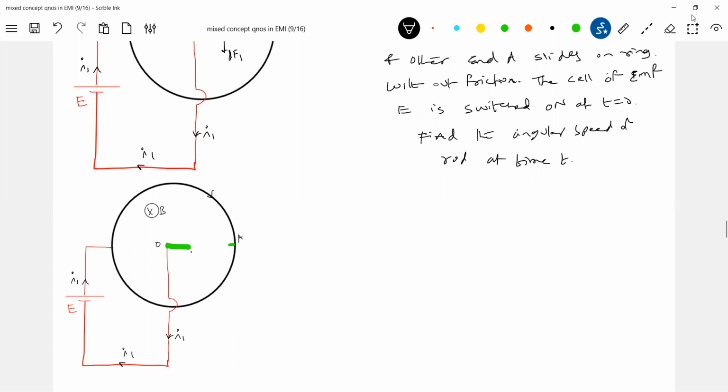As the rod rotates, B bar velocity, so this should be the polarity. The cell will push the current in the opposite sense. So I1 is in this direction, and the cell will push current in this direction.